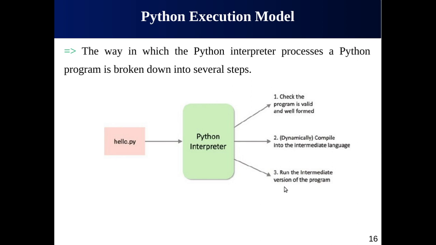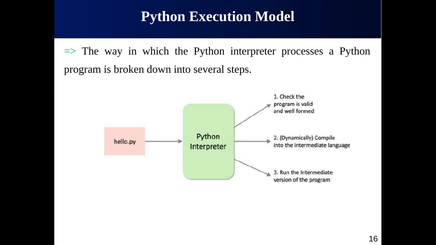And finally, in step number 3, the compiled intermediate version is executed by the interpreter. When the program is run again, the Python interpreter will check to see if the .pyc file is present or not.